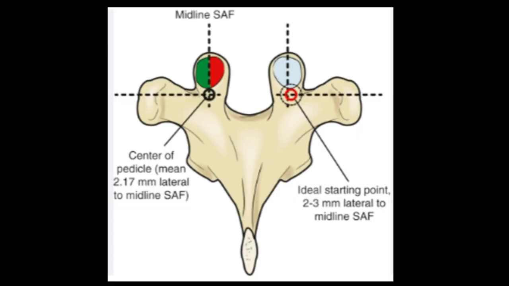Any entry point which is lateral to this is acceptable, but the entry point has to be either along the superior border of the transverse process or along the upper third of the transverse process or maybe middle of the transverse process, but it should never be below the line bisecting the transverse process.